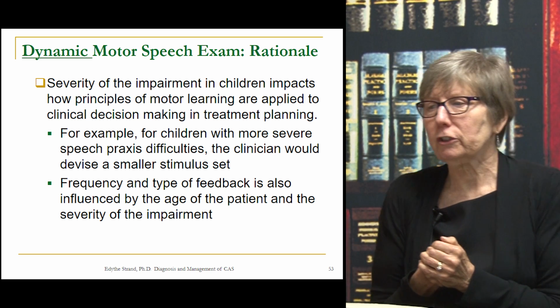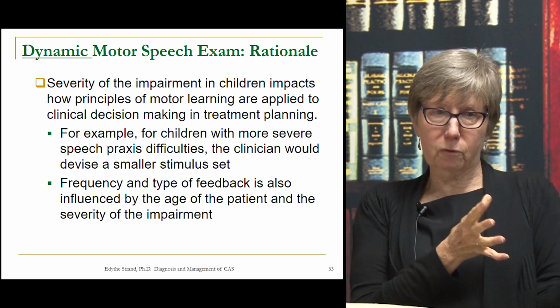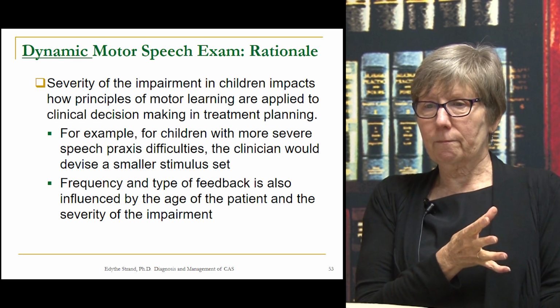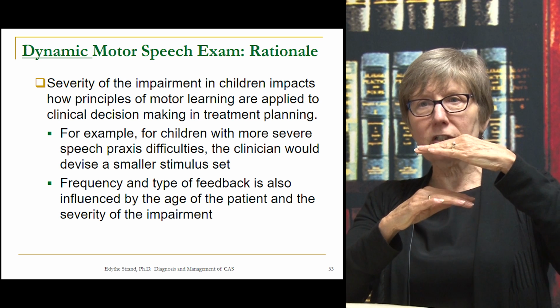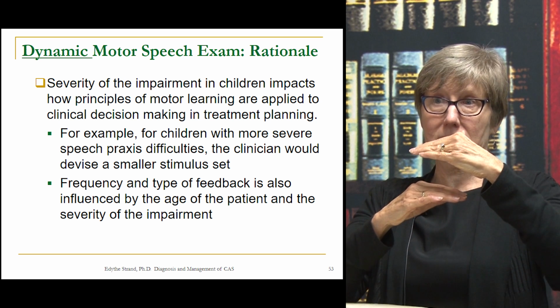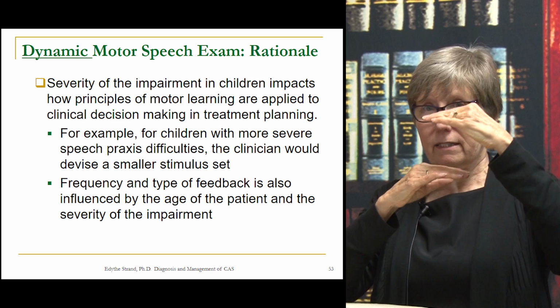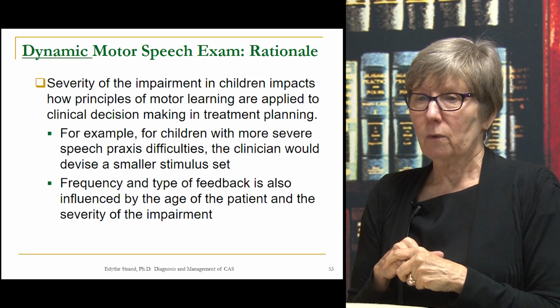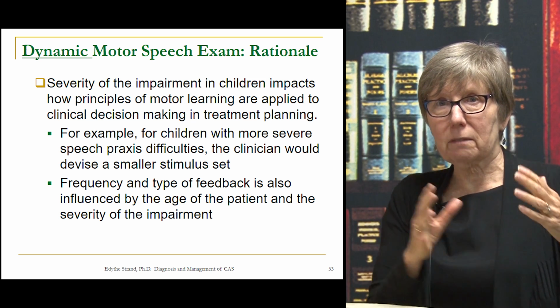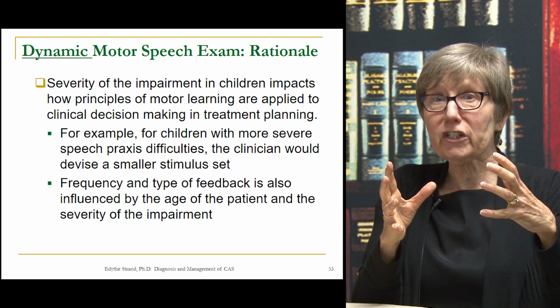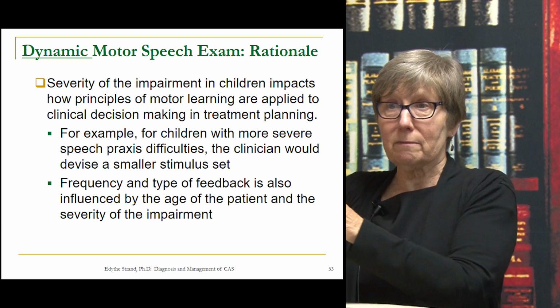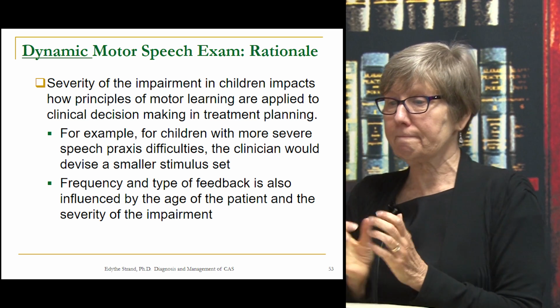For example, children with more severe praxis for speech usually need a much smaller stimulus set size, and we'll talk about why that is, and then it will gradually increase. We know that the more severe the child, maybe the more blocked practice we need at first, although we're going to move to more random practice as soon as we can.